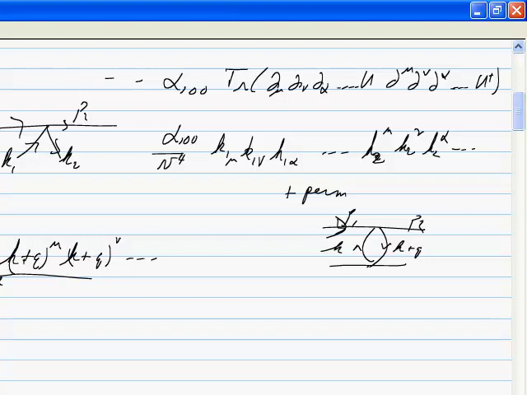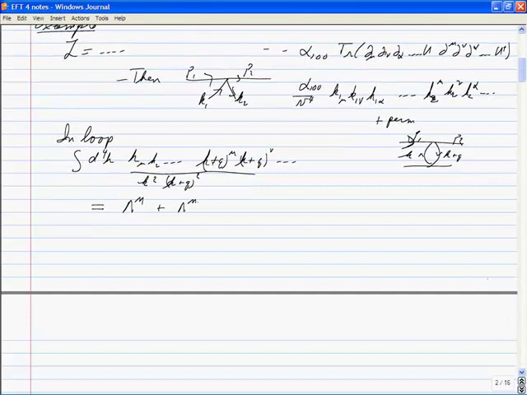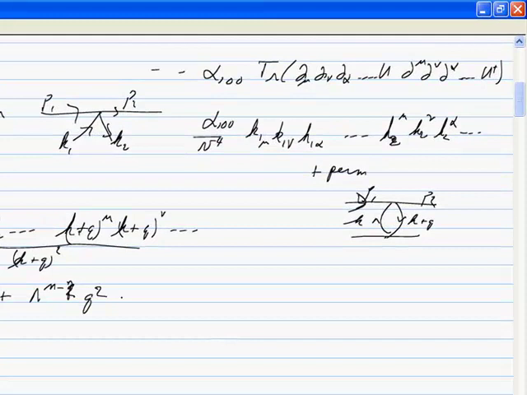It'll be some lambda to the n, maybe 100, who knows. And then there'll be a term lambda to the n minus 2 q squared plus lambda to the n minus 4 q to the fourth, etc. So there'll be some energy expansion of this, right? With some coefficients in front of it.